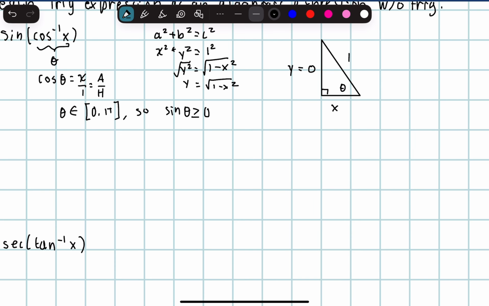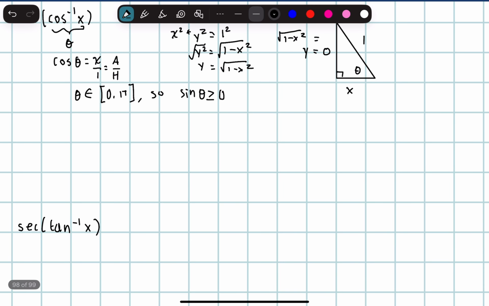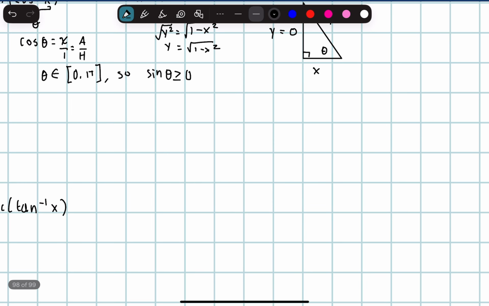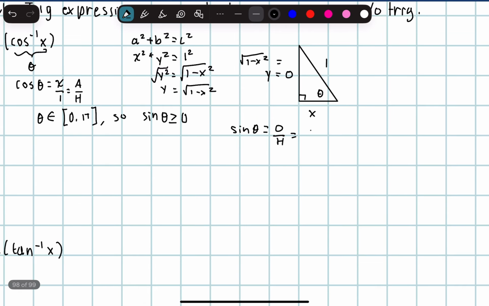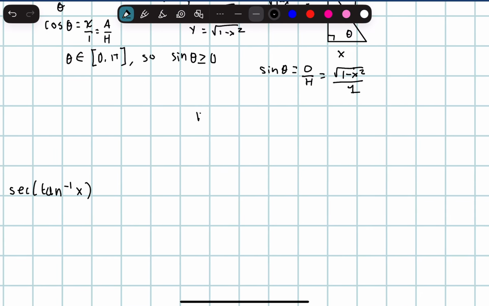Now we're going to solve for sine of theta, which is opposite over hypotenuse. So the opposite side is the square root of 1 minus x squared, and the hypotenuse is just 1. We know the domain is negative 1 less than or equal to x less than or equal to 1.